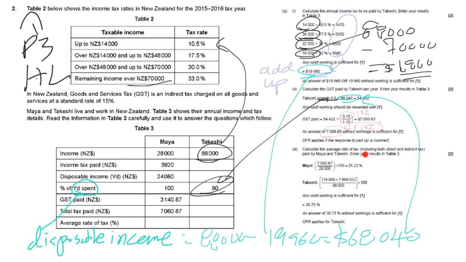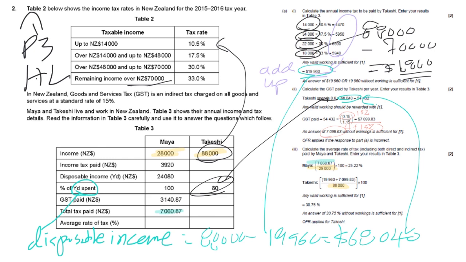We have to compute the average tax rate paid by both people. Let's go to HJ first. For HJ, the income is 28,000, so I will put it here, and for Tax Year, the income is 88,000, I will put it here. Next, for the total tax paid for HJ, 7060.87. So it's easy.